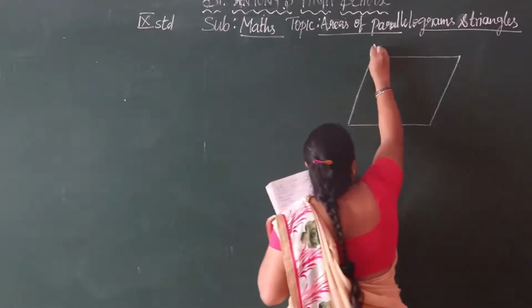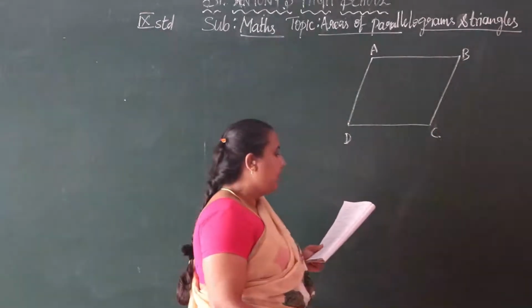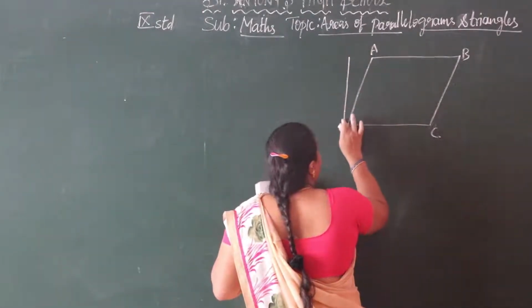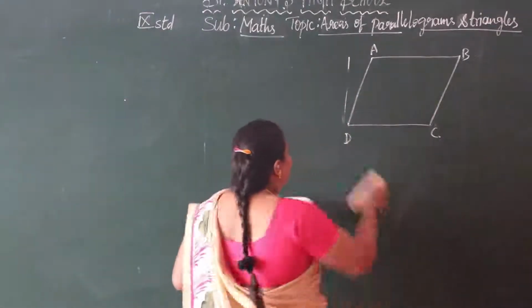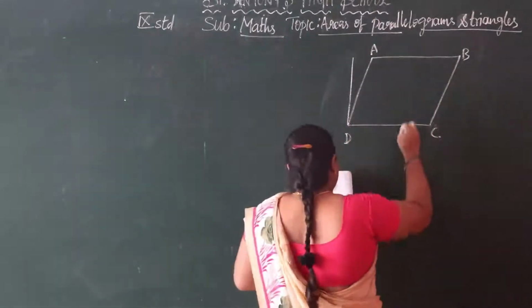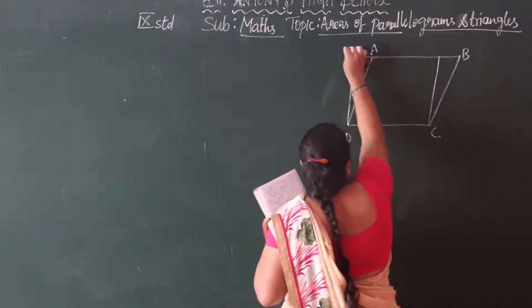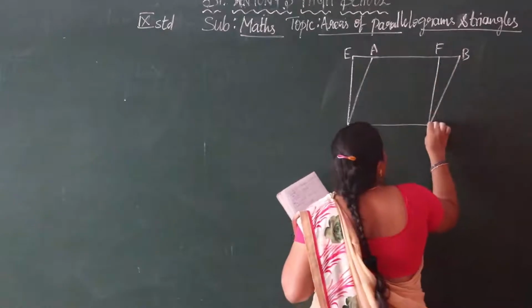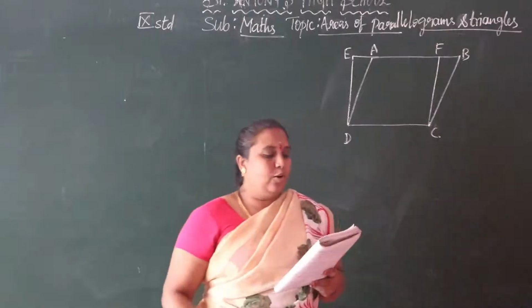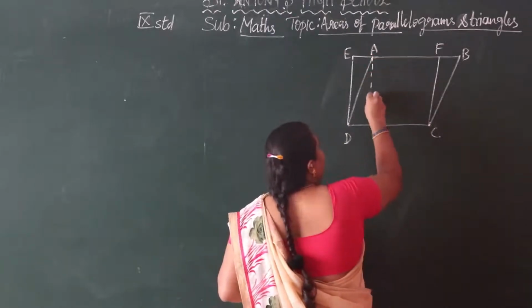ABCD is a parallelogram, and EFCD is a rectangle. Also, AL is perpendicular to DC.